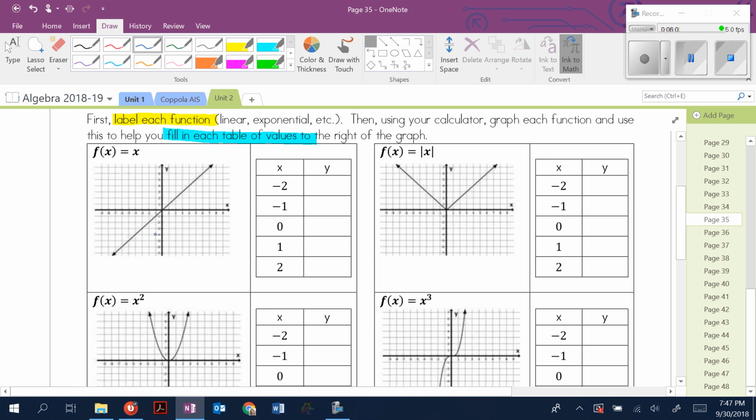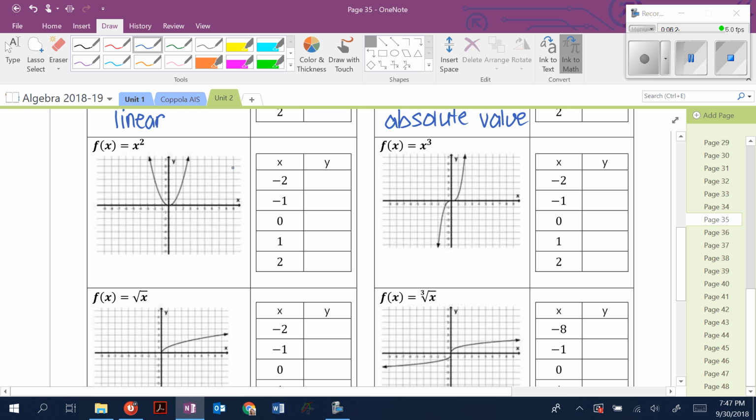This first one here, you guys should know what this is. This is a linear function. The one to the right that makes a v is an absolute value. Heading on down, this is a quadratic, also known as a parabola. This one to the right here, x to the third power, this is a cubic function.